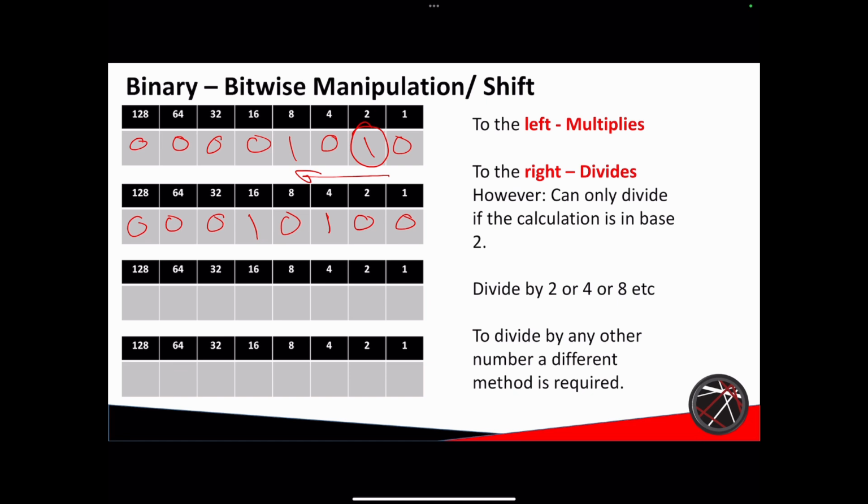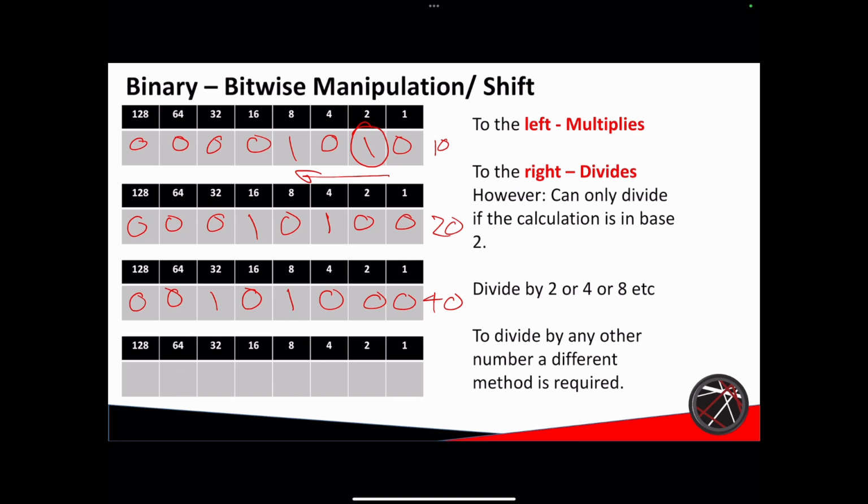Again, if I take that even further, so I put it here, times it by 4, and now it's become 40. You can see how that's increased. And again, so on and so forth. Equally, if you look at that the other way, you can also see how we're dividing, aren't we?